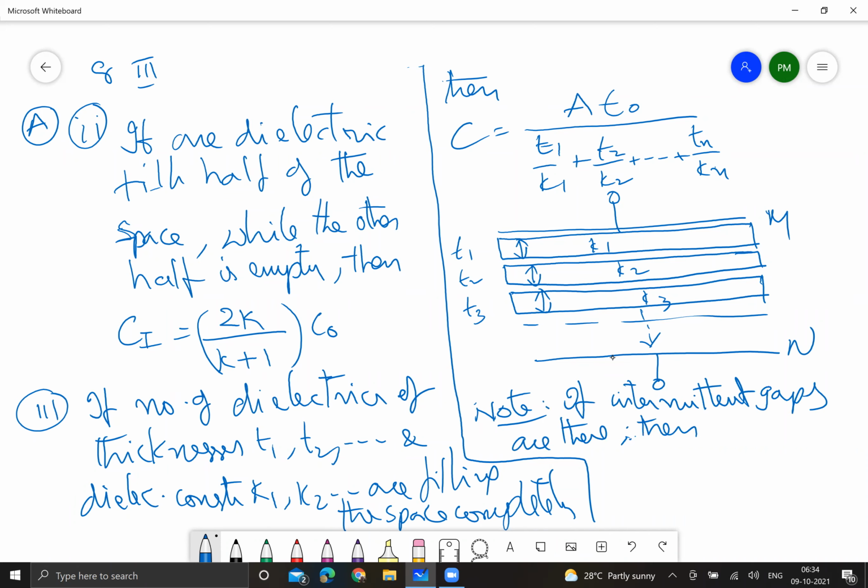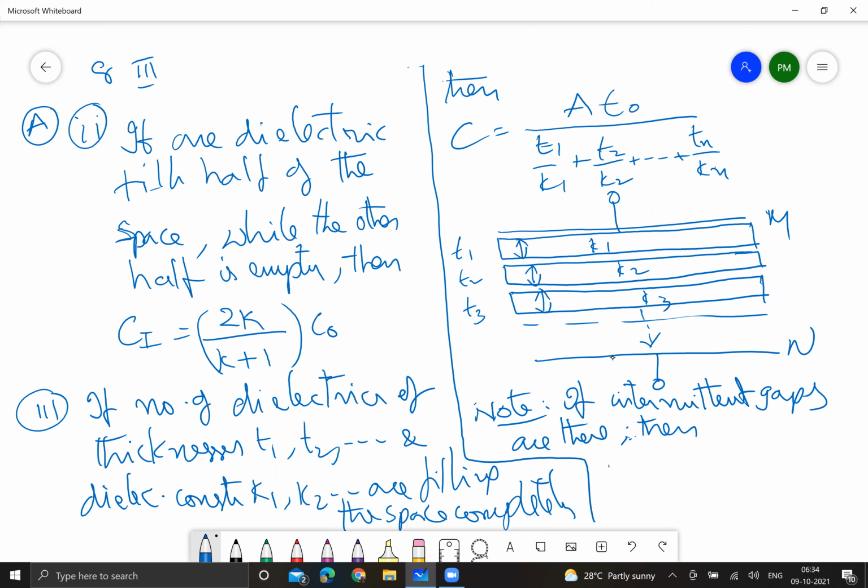Then there we said D minus T into 1 minus 1 by K we put there. Do you remember or not? So here it is D minus of T1 plus T2 and so on will come.